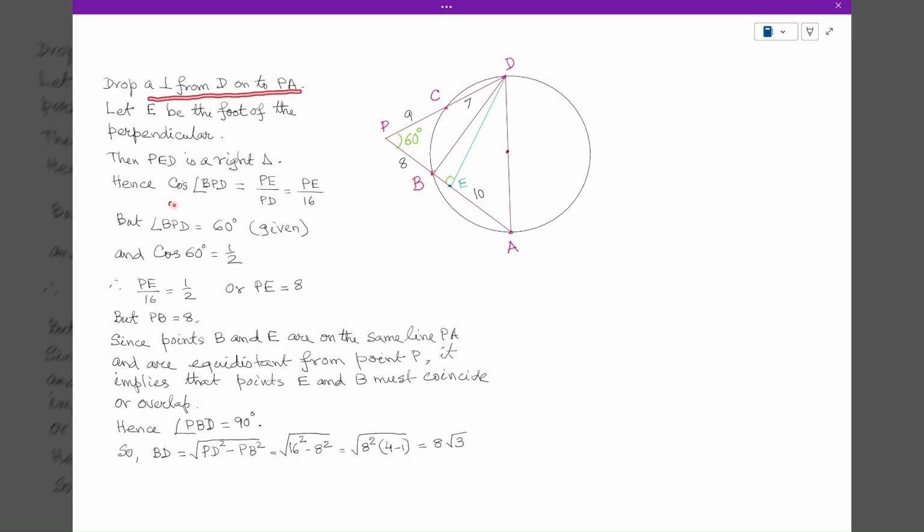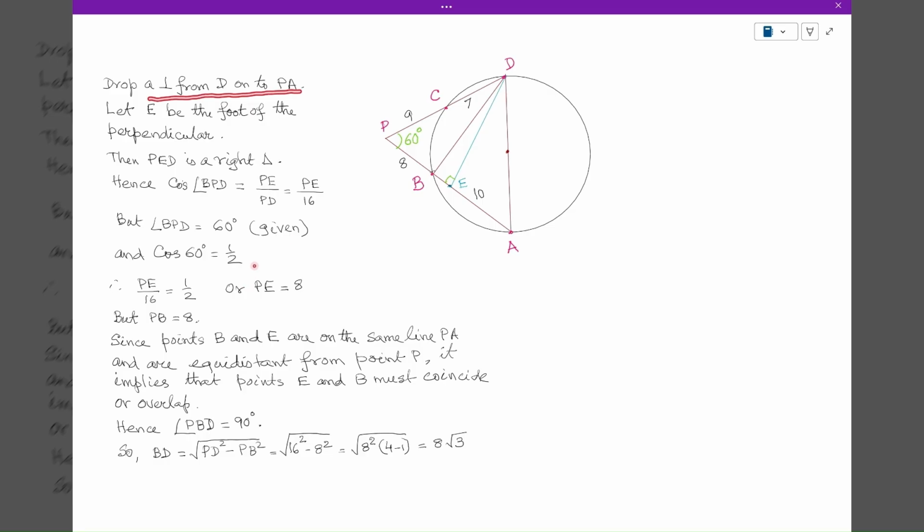Hence, cos of BPD, that is cos of this angle, is equal to PE by PD. But it is given that angle BPD is equal to 60 degrees. This is already known. And cos 60 degrees is also known to be half.